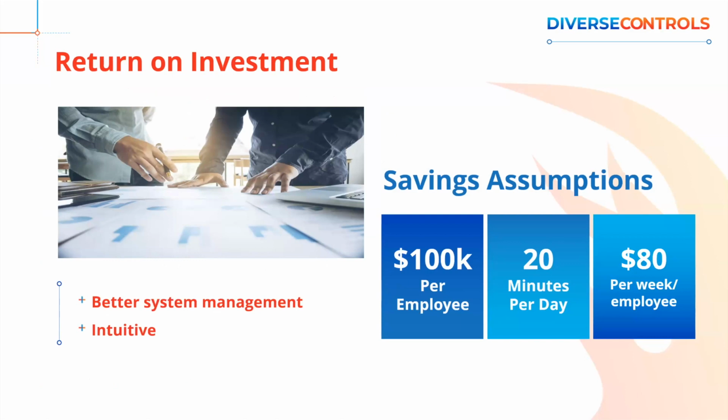That comes out to about $80 a week in efficiencies that you've gained, where that person can spend their time on more valuable stuff. Obviously, that's per employee, so if you have 10 employees, then multiply by 10. But put in your own numbers there. Maybe it's only saving some people 5 minutes a day, maybe it's saving you an hour.